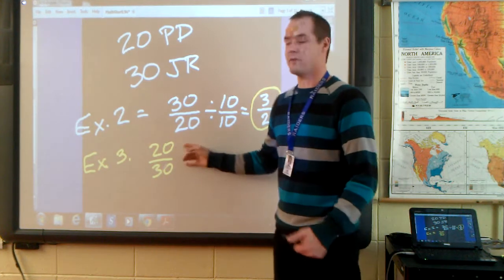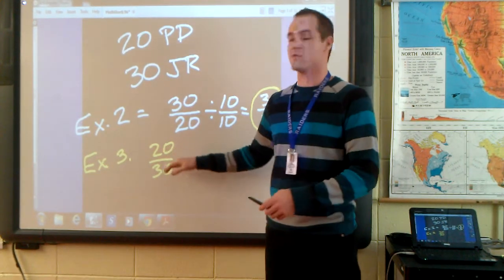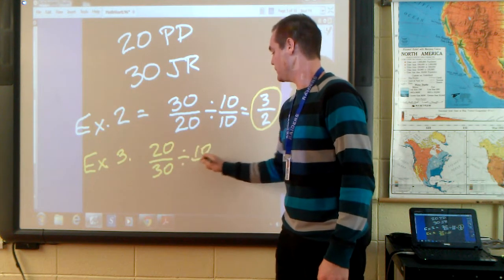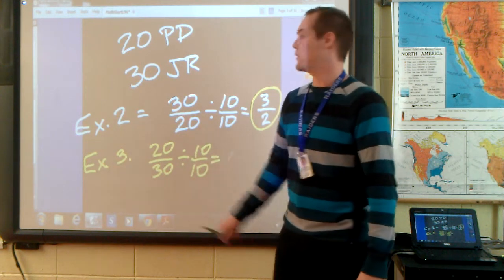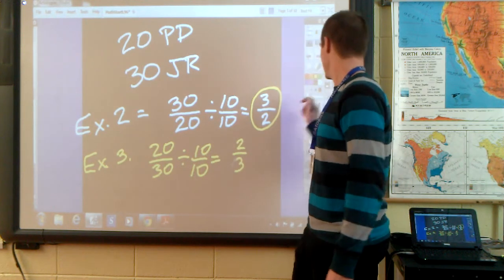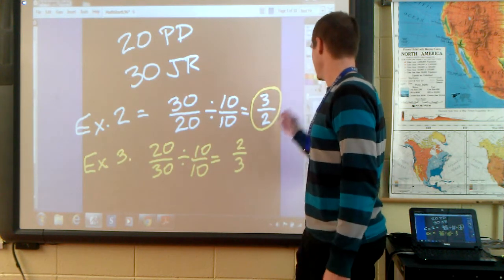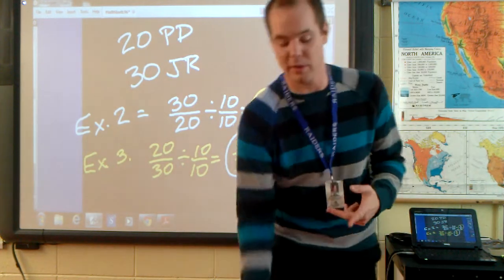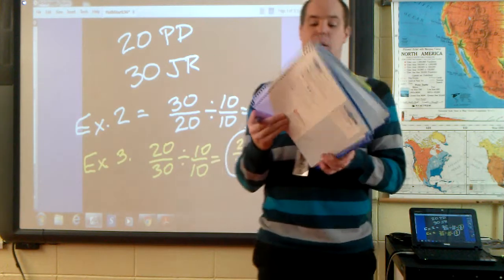But of course, we'll have to flip-flop it because now we're going with prairie dogs first and jackrabbits second. So if we divided by 10 over 10, we would find that the ratio of prairie dogs to jackrabbits is again 2 to 3, which of course is a little bit different because we flip-flopped the prairie dogs and the jackrabbits.